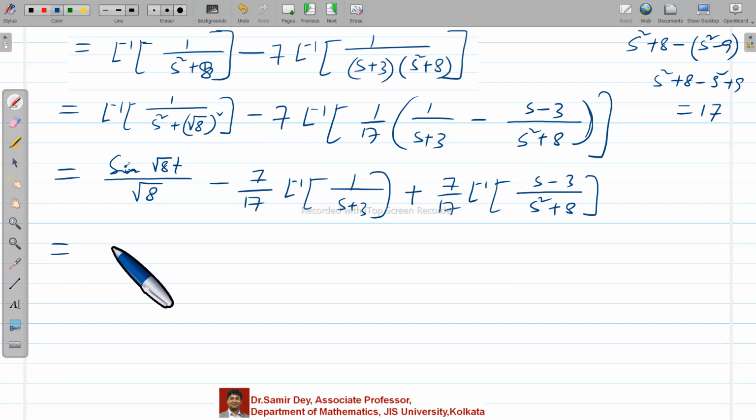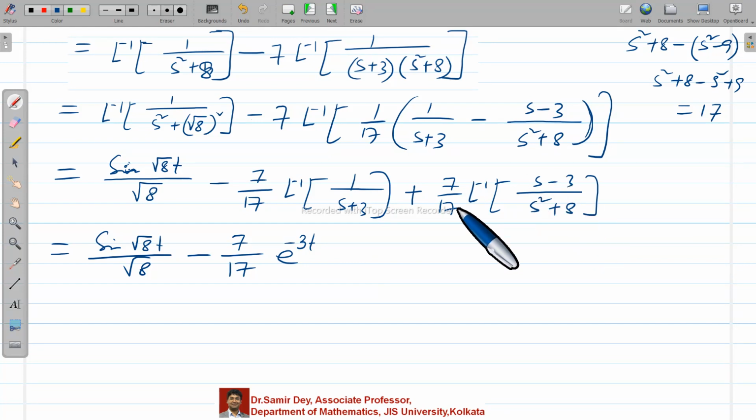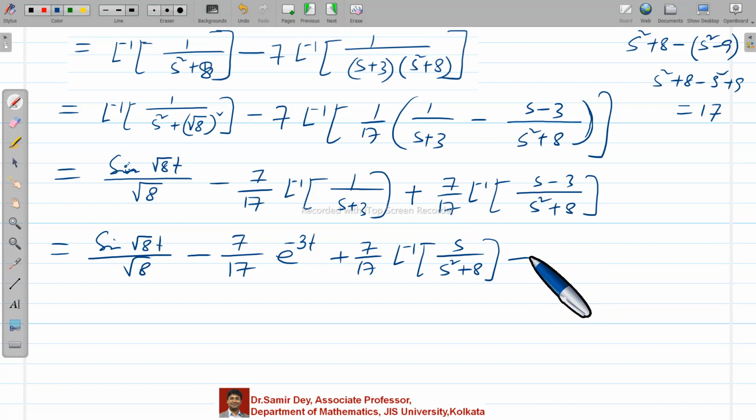So ultimately it is coming sine root 8t by root 8, and from here 7 by 17 e to the power minus 3t, and here you may write plus 7 by 17 L inverse of s by s square plus 8, and from here minus 21 by 17.